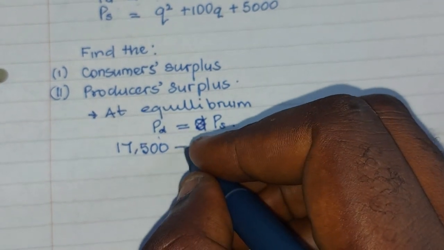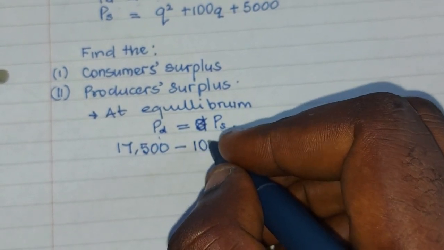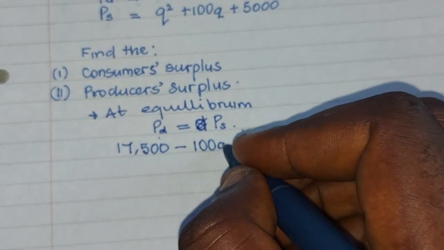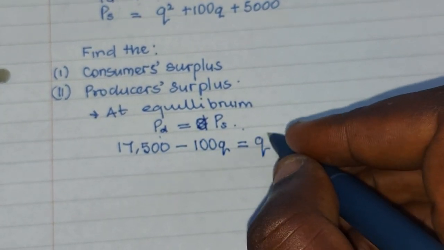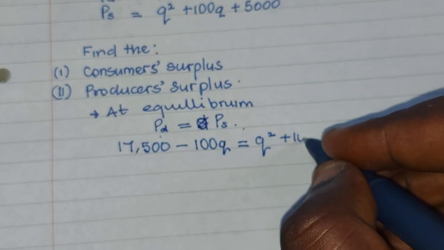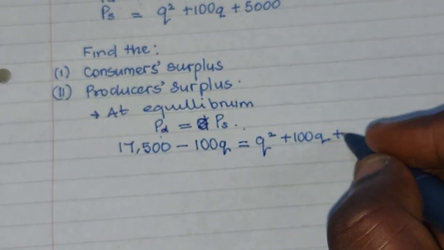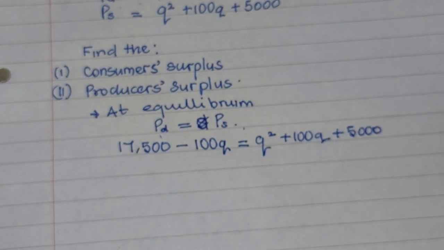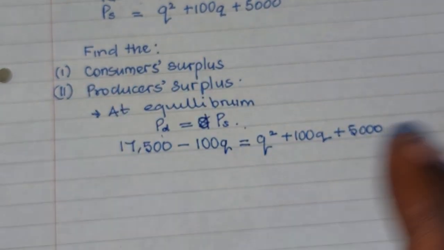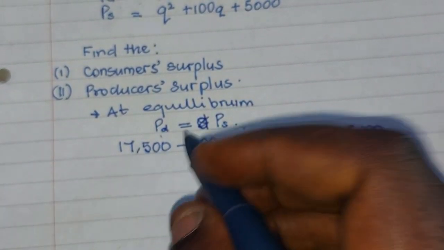17,500 minus 100Q equals Q squared plus 100Q plus 5,000. Now let us make it a quadratic equation.